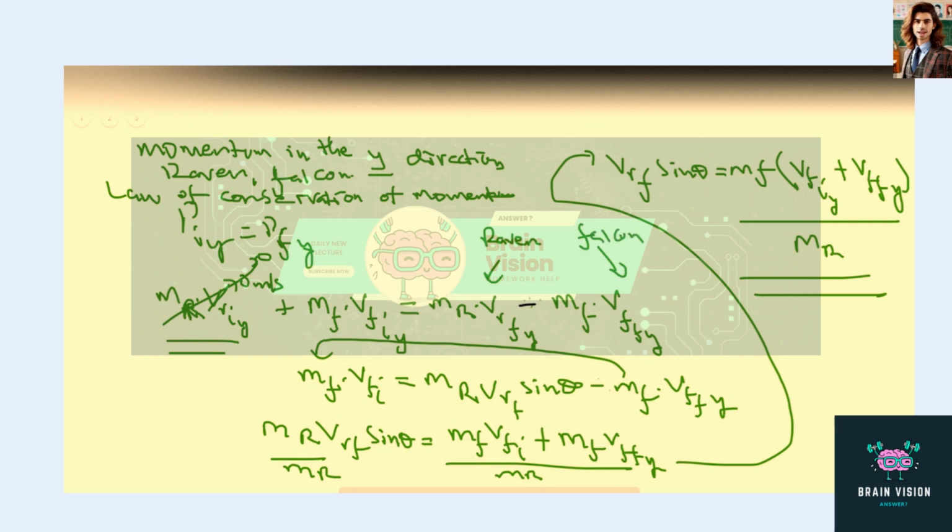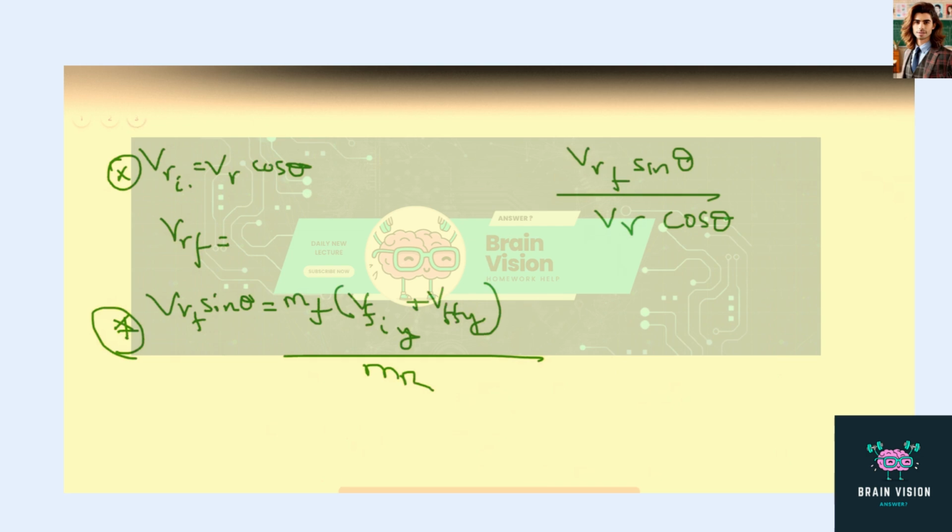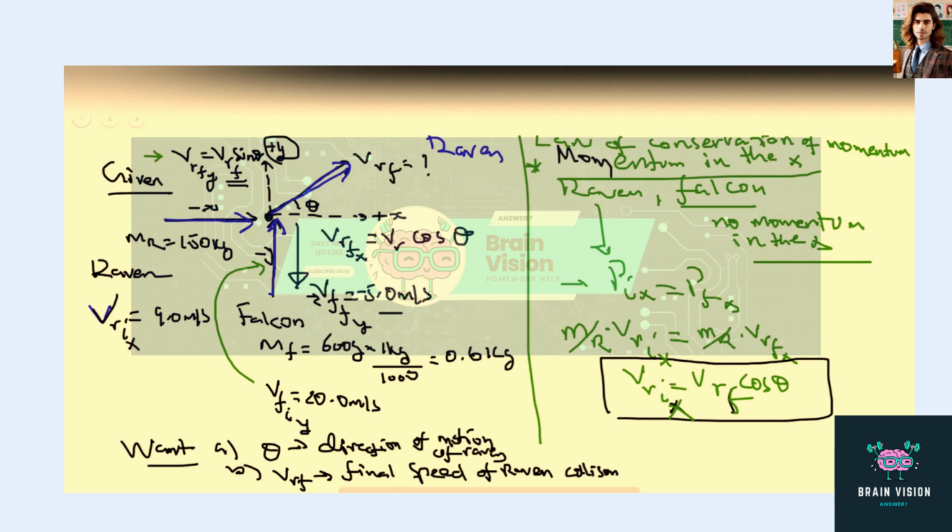We solve that. We continue with the solution, and that helps us find the final velocity of the raven. So there's something about the final velocity of the raven, and this is it right here. That's the final velocity of the raven. So now we have these two components. Going back, you can see this was supposed to be VRF.